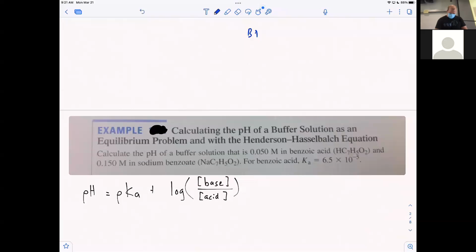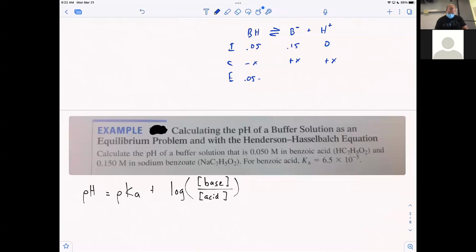It'd be benzoic acid in equilibrium with benzoate plus H plus, so ICE. Initial, it would be 0.05, benzoate would be 0.150, so we shift right.